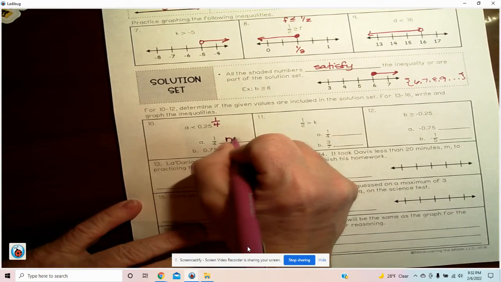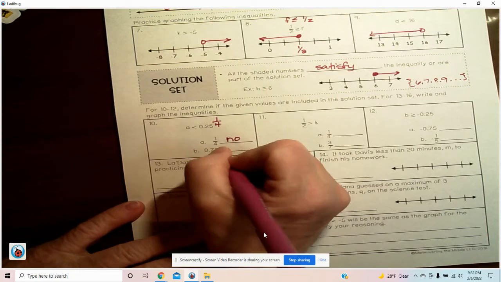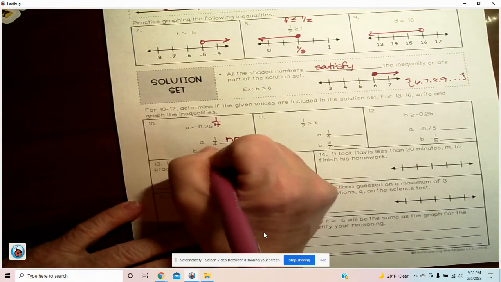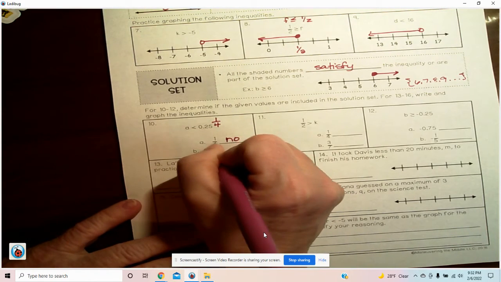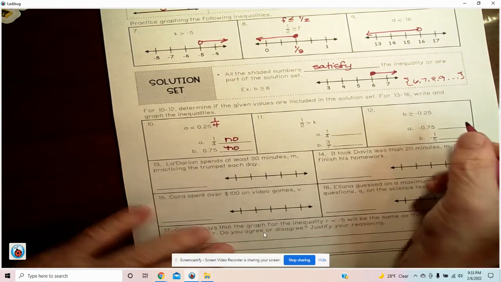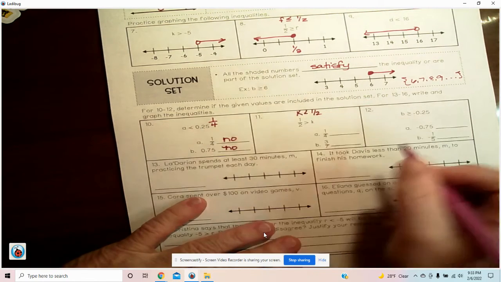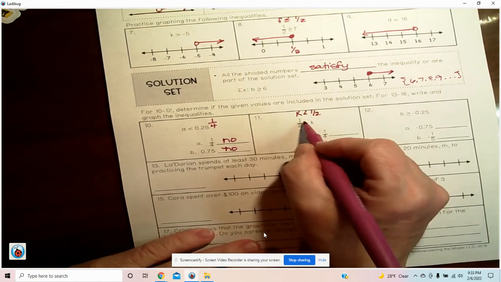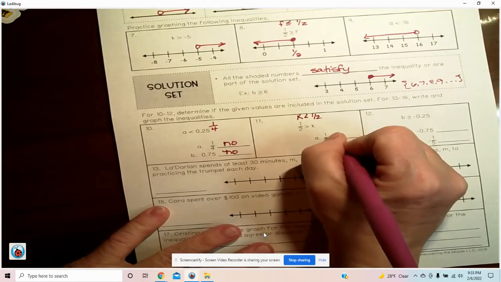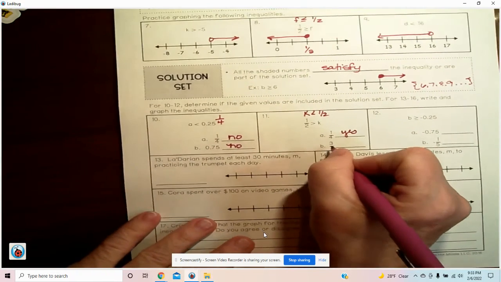That'll be no. Is 3/4 less than 1/4? No. All right. Let's rewrite this one to K is less than 1/2. Is 1/4 less than 1/2?